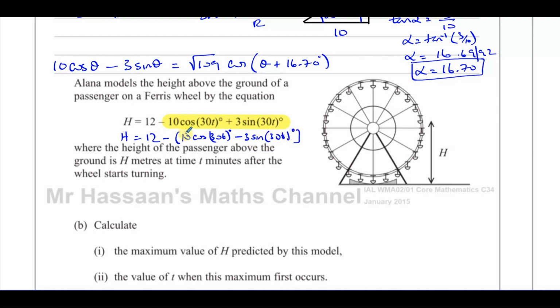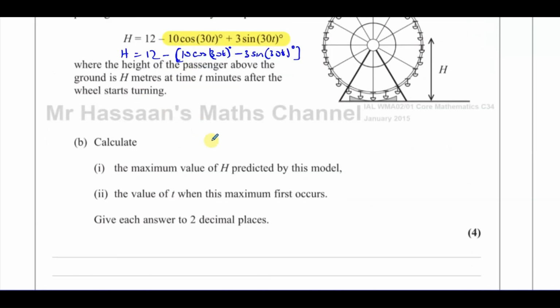Now what's here in this bracket is exactly the same as that. These two are the same. We have 12. So I'm going to write this out over here to make it clearer.